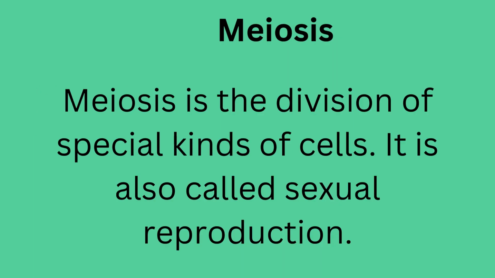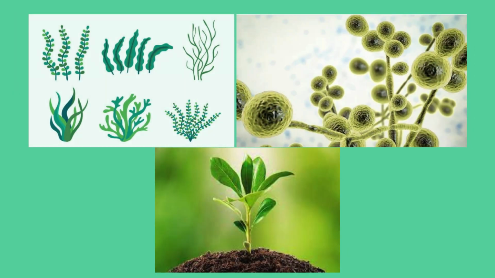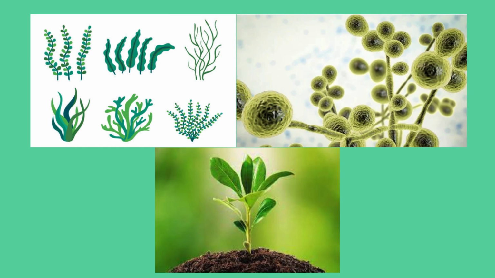By definition, meiosis is the division of special kinds of cells, and it is also called sexual reproduction. All animal cells conduct the meiosis process. Similarly, seaweed, fungi, and plants conduct meiosis too.